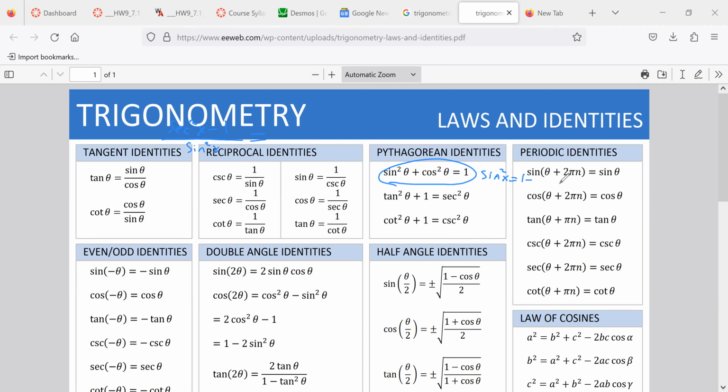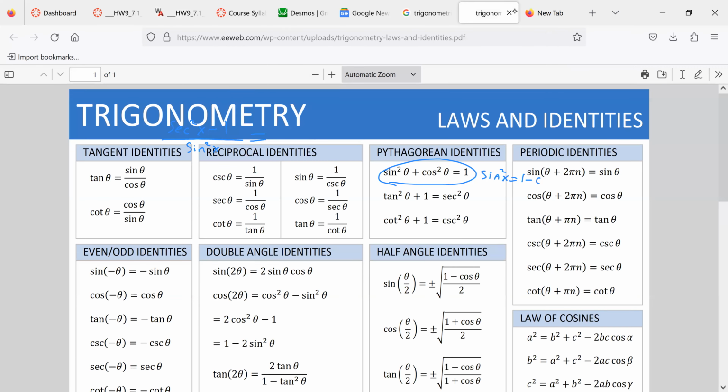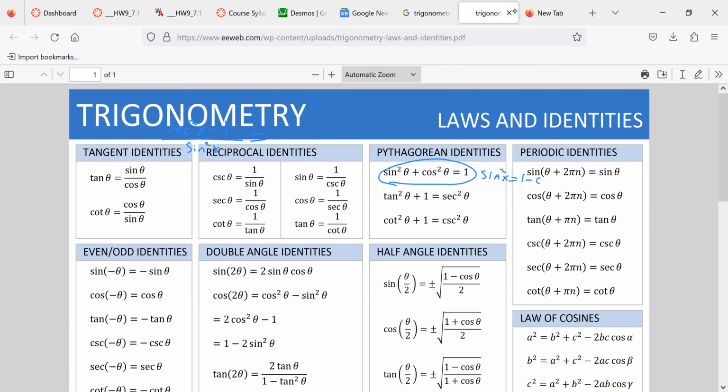That's cosine. Subtract the cosine. You know what? I think I'm mixing myself up. What was the question again? Secant. My bad. I think you said the other one, didn't you? Yeah, the tan squared. Secant squared minus 1. Yeah, it is tangent. My bad.